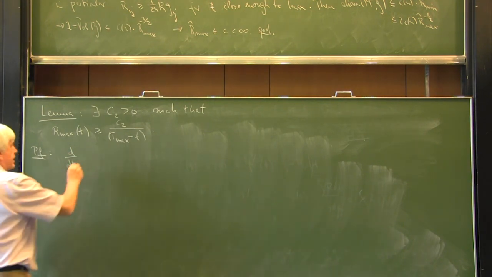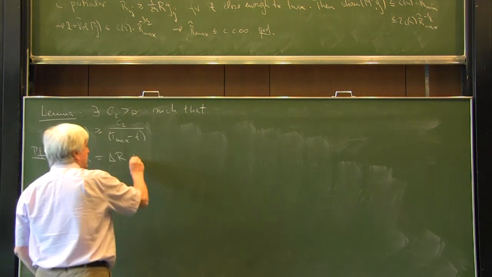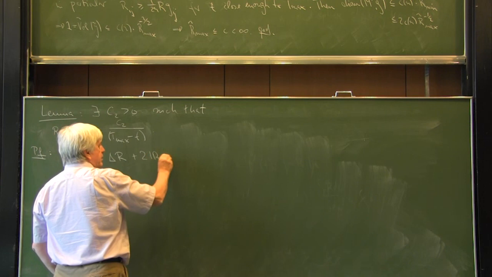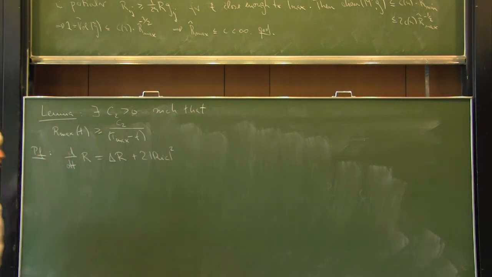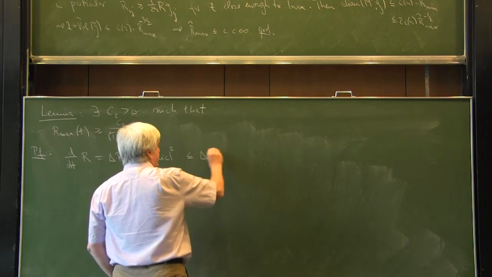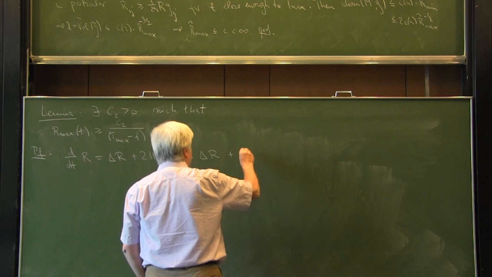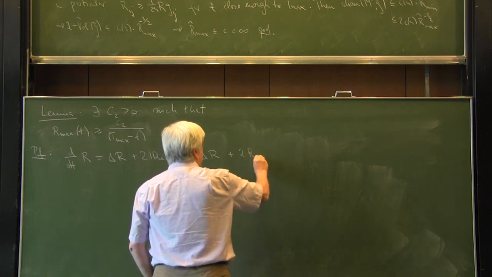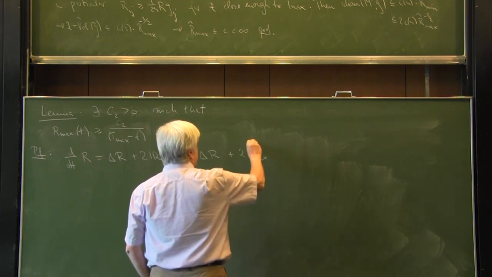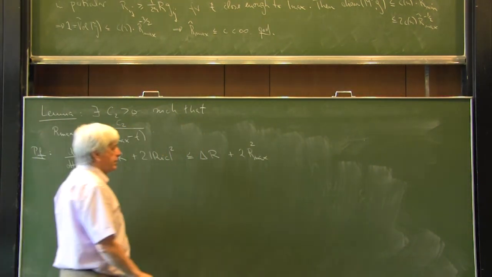So we have ddt of the scalar curvature for the original flow was Laplace r plus 2 times the Ricci square. Now, in view of our pinching condition, this is less than Laplace r plus 2 times r max squared.